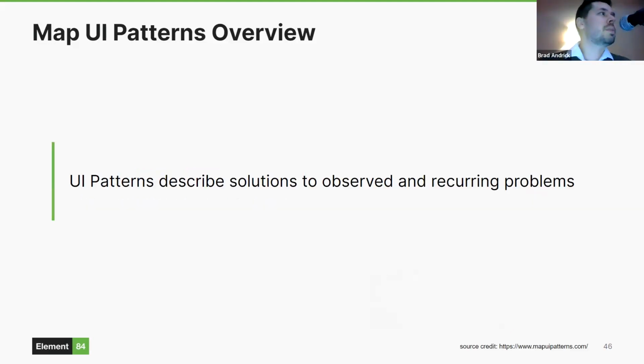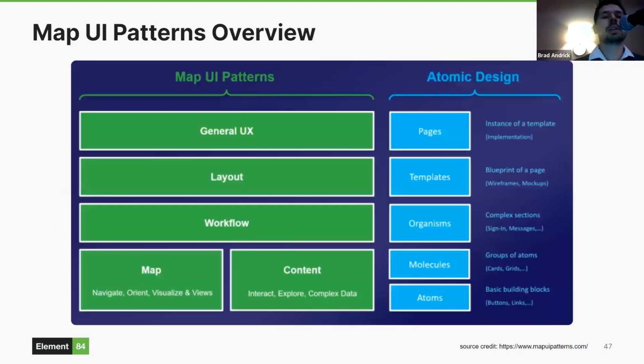So what are UI patterns? They describe solutions to observed and recurring problems, things that we've seen before and see over and over again, so they're important to identify. Specifically, he compares it to atomic design. In the user experience world, we try to break things down into atoms at the very lowest level.